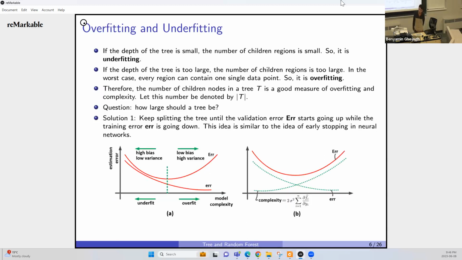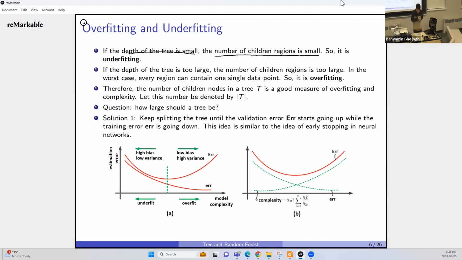If the depth of the tree is small, the number of children regions is small. What do I mean by children regions? Every tree has some children regions, right? We have some root, and at the end we have some children, the terminal nodes. If the depth of the tree is small, we don't have many children. If the depth becomes too large, we have a lot of children, right?